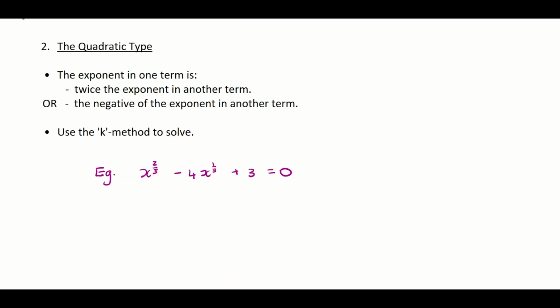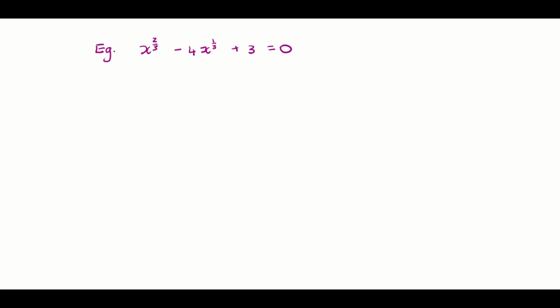The next type we get is the quadratic type, where we find that the exponent in one term is either twice the exponent in another term, or it's the negative of the exponent in another term. And for this, we also use the k method to help us solve it. So let's have a look at this example.